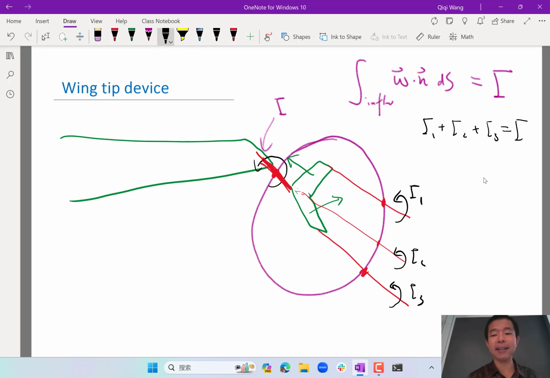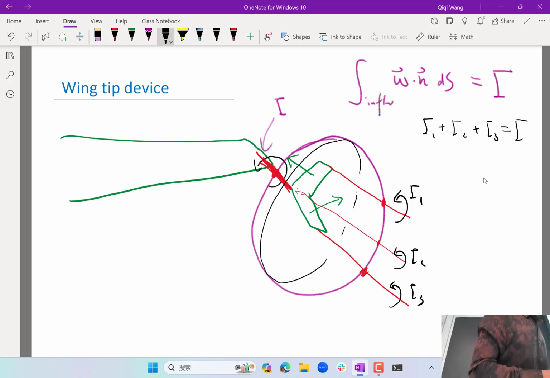What is the reason for that? The reason is if you draw a contour, let's say a black one, around the winglet, then the circulation around the black one, according to Stokes' theorem, is equal to the integral over a surface that fills this contour.